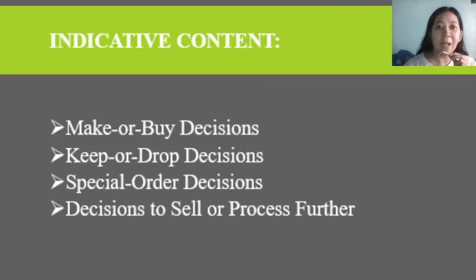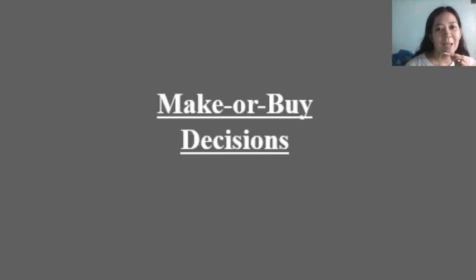As mentioned in our overview, here we will be dealing with these types of decisions: to make or buy, to keep or drop, to accept or reject a special order, or to sell or process further. To start with, let us discuss make or buy decisions.